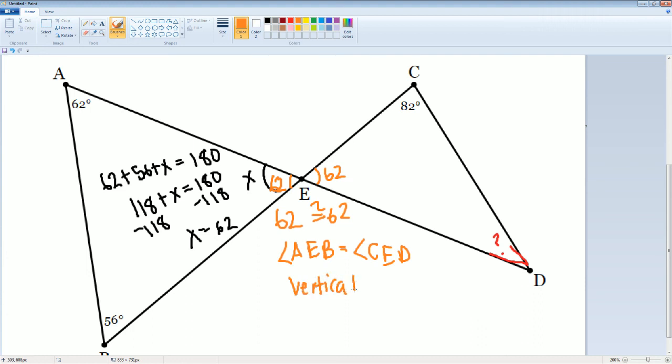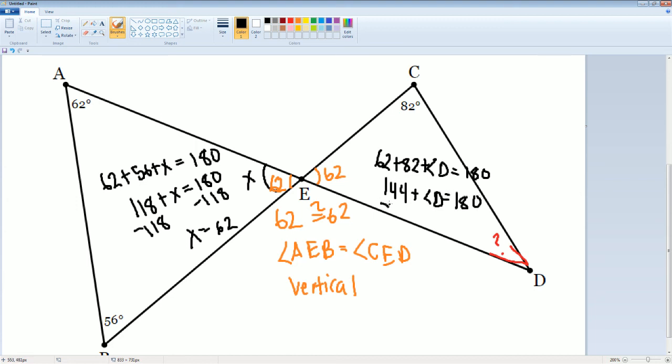Okay, we know that if this is 62, this is 82, and this is our question mark, we could set up the equation, right? We could say 62 plus 82 plus a question mark. Well, let's just write a variable for it. Let's say angle D is equal to 180 degrees. 62 plus 82 is 144, plus angle D is equal to 180.